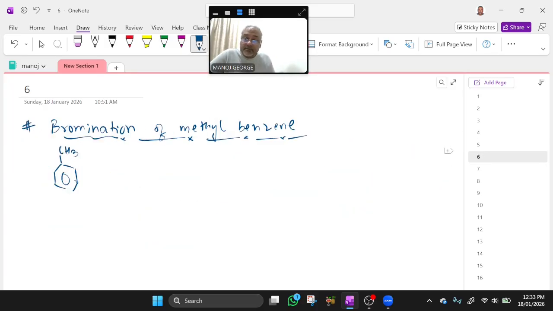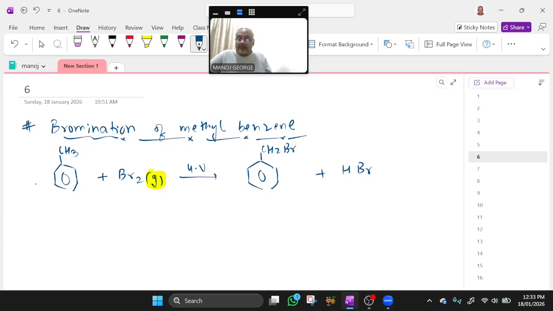Now, when it comes to methyl benzene, if you want to do a free radical substitution, you can go with UV and then put bromine in gaseous state. Please be a little careful here. As expected, the side chain will be substituted and you will get this. I don't think any of you have a problem here. So this is situation A.